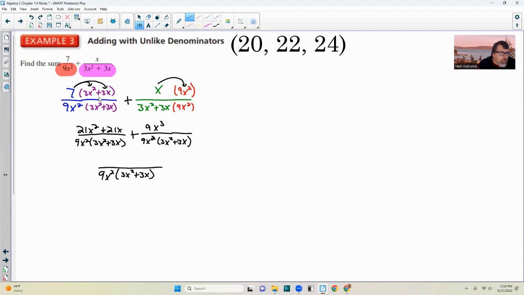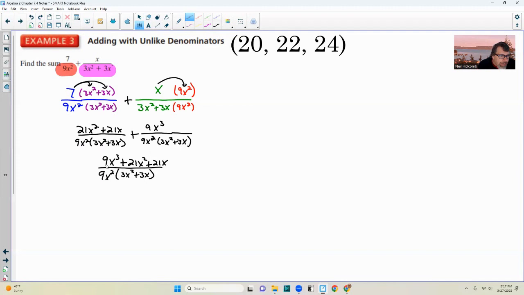And my numerator is going to be 21x squared, but the 9x cubed is a greater power. So I put that first. 9x cubed plus 21x squared plus 21x. Okay, so now that I have a 9 and a 21 and a 21, I can factor out a 3 from all of this.